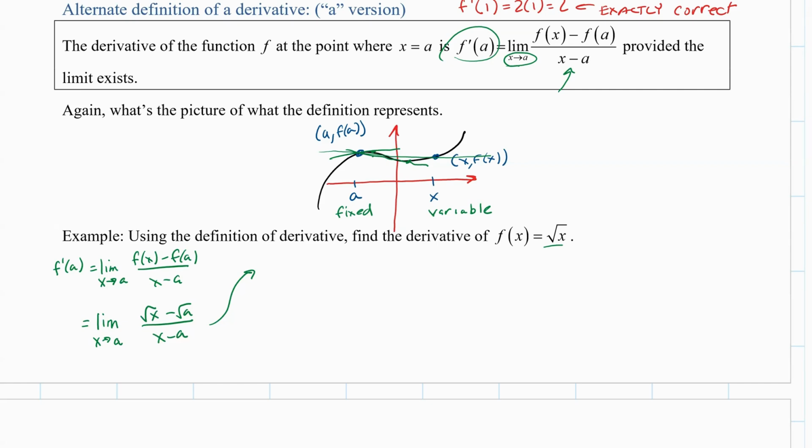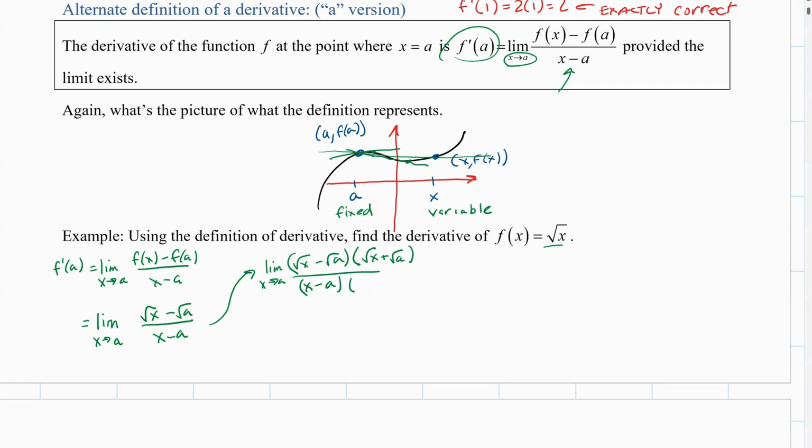Let's go ahead and say the limit as x approaches a of the square root of x minus the square root of a. And let's do a little bit of algebraic sleight of hand here. Let's say we multiply this by something commonly known as the conjugate.